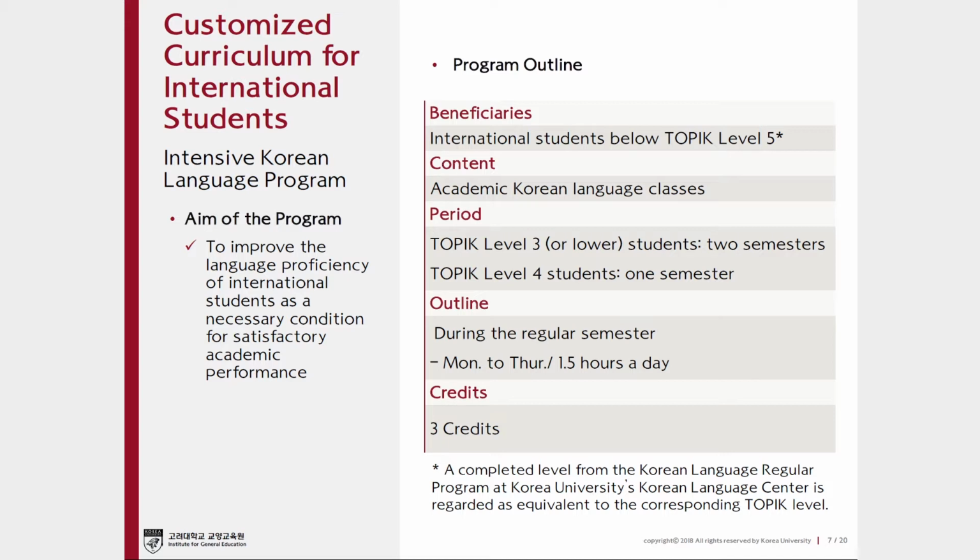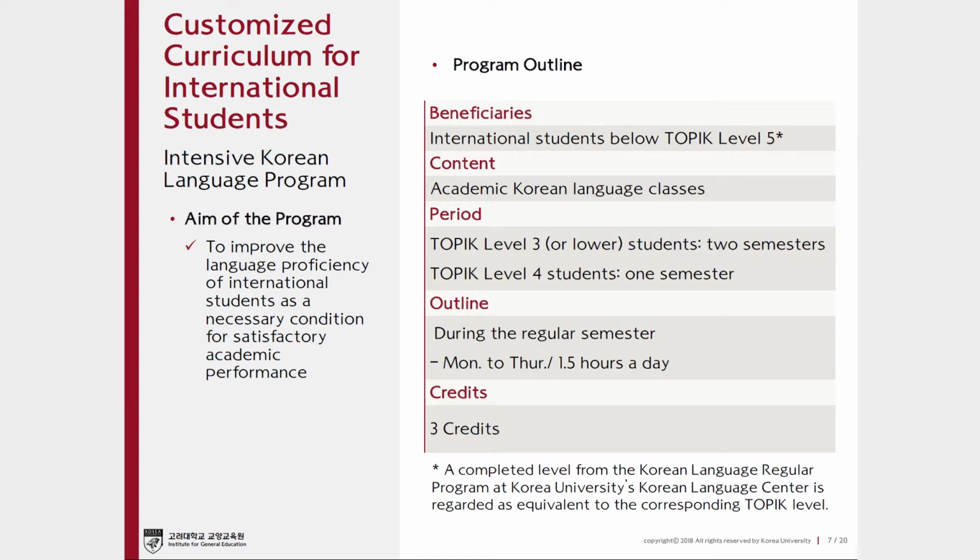We have sent you the email and informed whether you are required to participate in the program. If you did not receive any email, please send an email to address kuige@korea.ac.kr so we can check once more and give you the information.